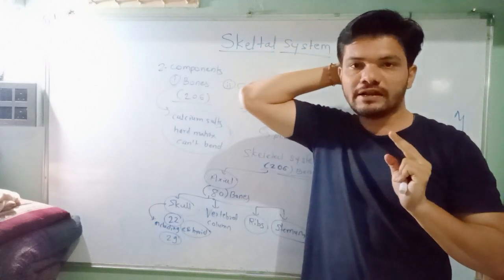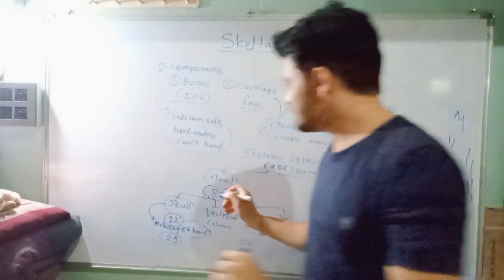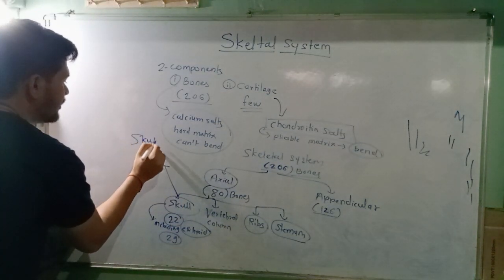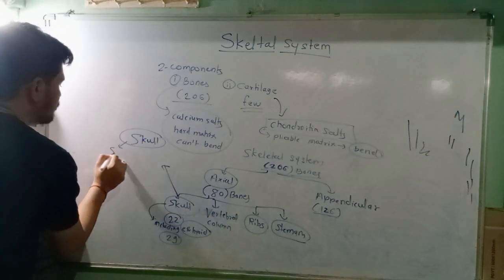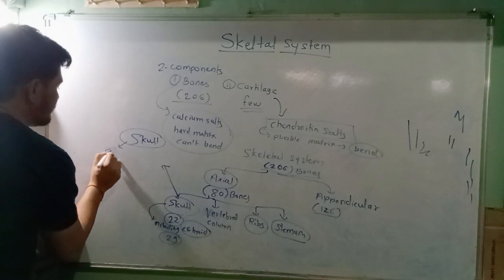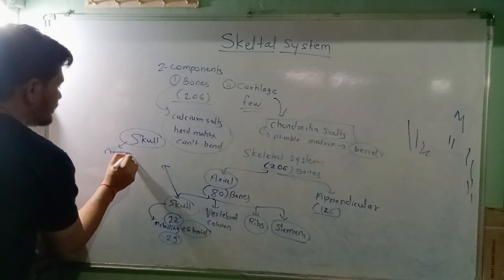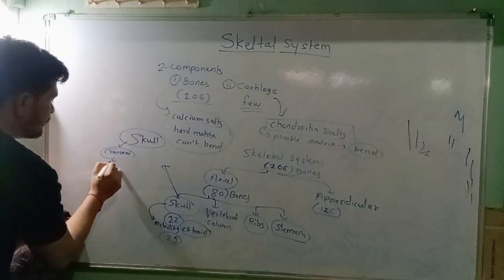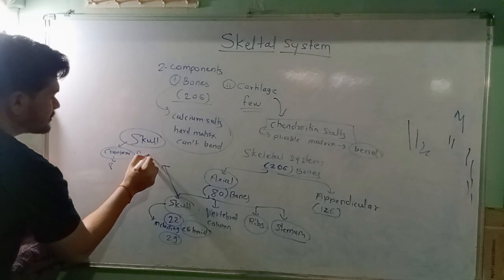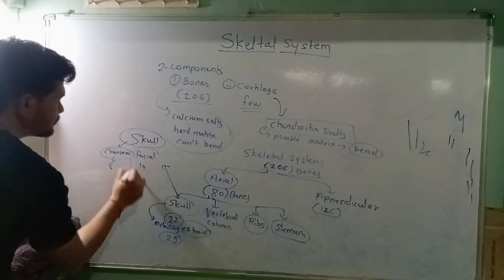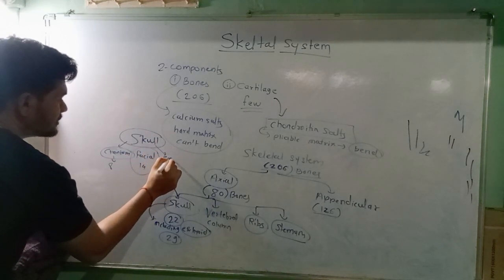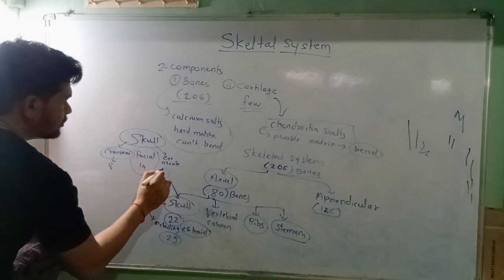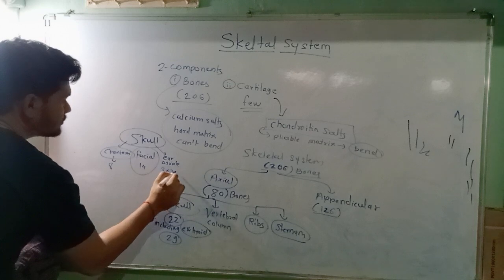8 bones in cranium, 14 bones. Let me just divide the skull here. Skull having, see, 8 bones in your cranium, which means the head covering, 8 bones. Then facial has 14 bones. Your ear ossicles are having 3 into 2, 6 bones.